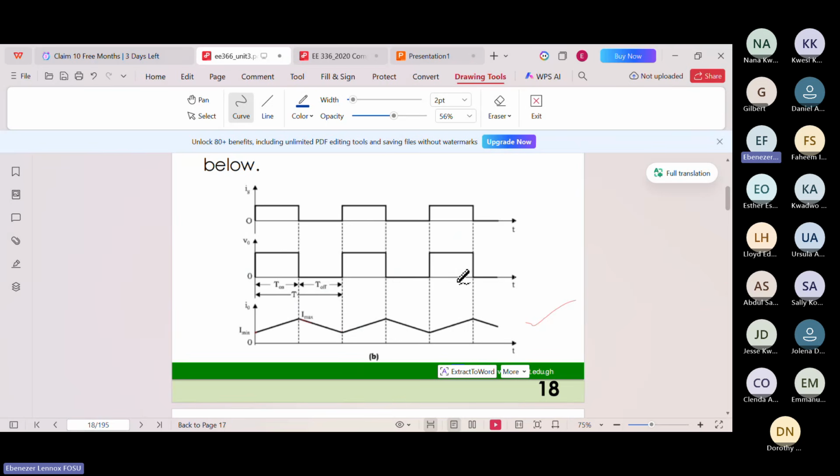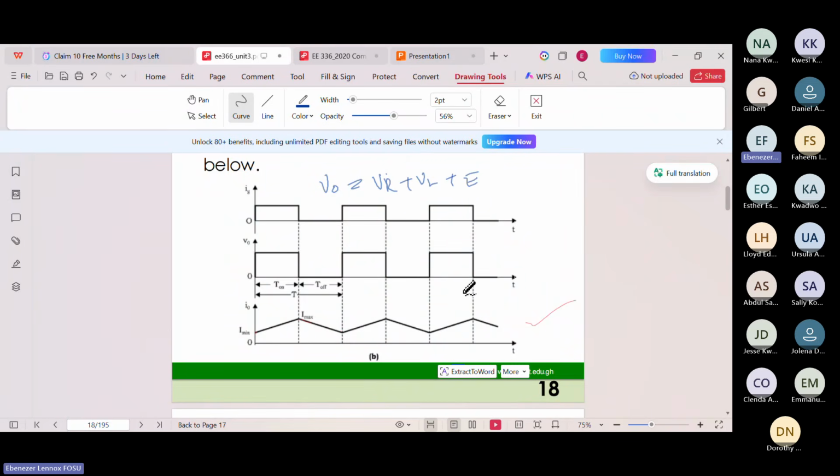All right, so that's why we are having these two waveforms. The next thing to do is get the average values, the average output voltage and average current. We know that V naught is equal to VR plus VL plus E, right?